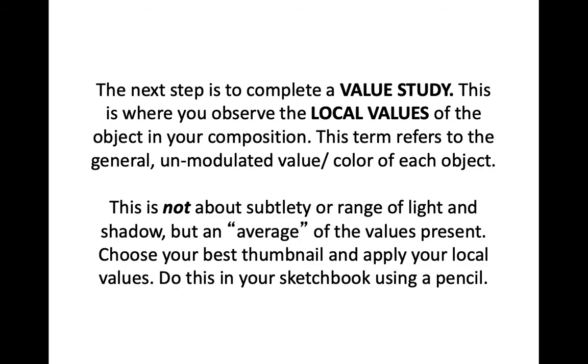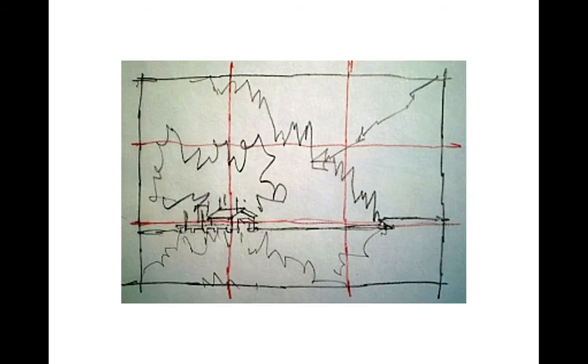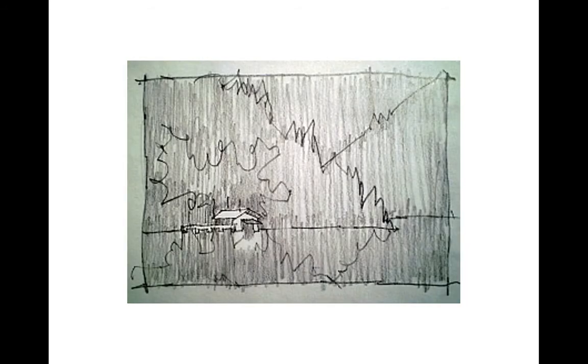This is not about a subtlety or range of light and shadow, but a kind of average of the value. So again, a dark object, a light object, a middle object. Choose your best thumbnail, make it bigger, maybe even a whole sketchbook page, and use a pencil or a charcoal pencil. So this would be a grid of a thumbnail, which would be expanded to a full sketchbook page.